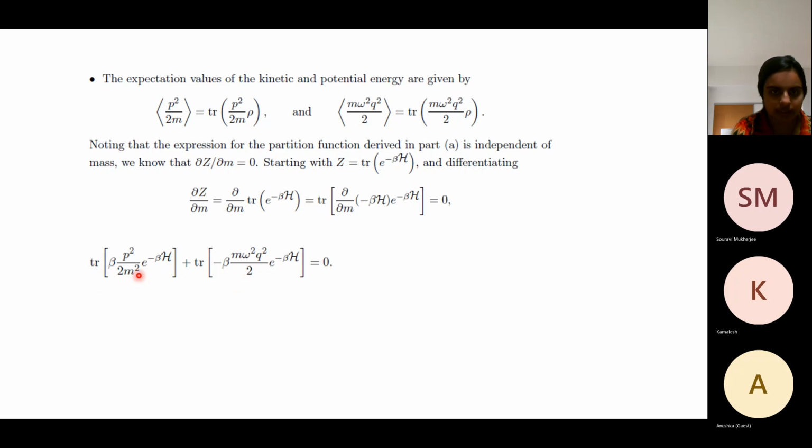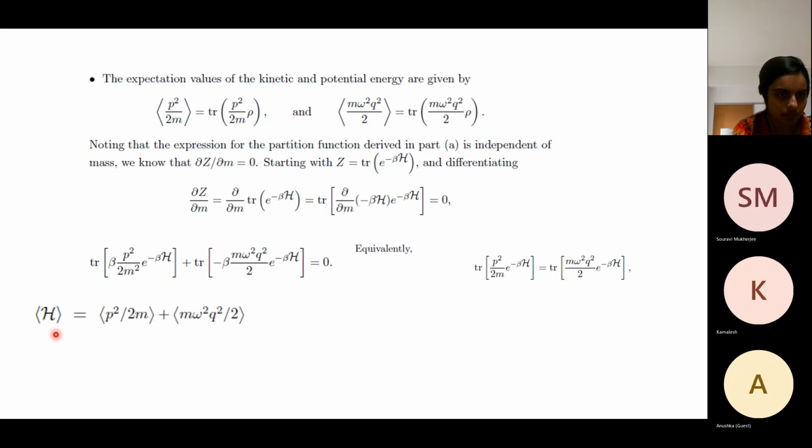Now we are taking this on the right hand side, so we get this value. What is the trace of H into rho? The trace of H into rho would give you the average energy, and that would be the average of this term plus the average of this term. Is this clear?